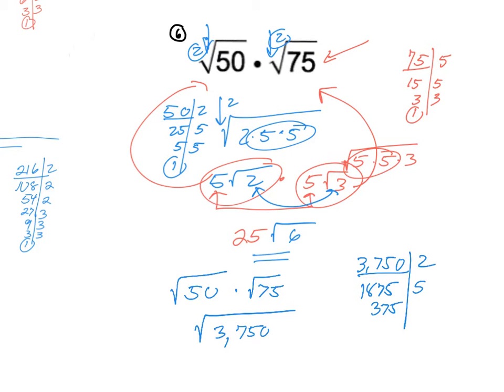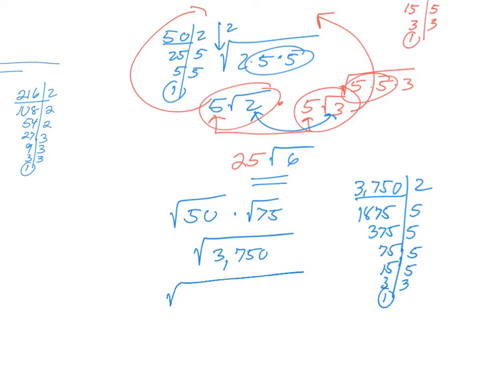That can be divided by 5 again to get 75. That can be divided by 5 again to get 15. That can be divided by 5 again to be 3. That can be divided by 3 to get 1. So 3,750 can be rewritten as 2 times 5 times 5 times 5 times 5 times 3.